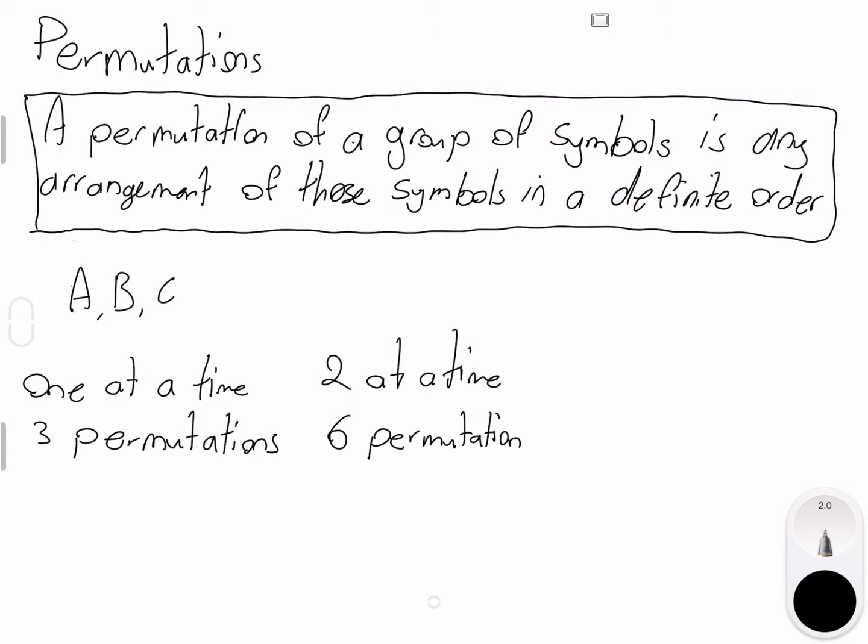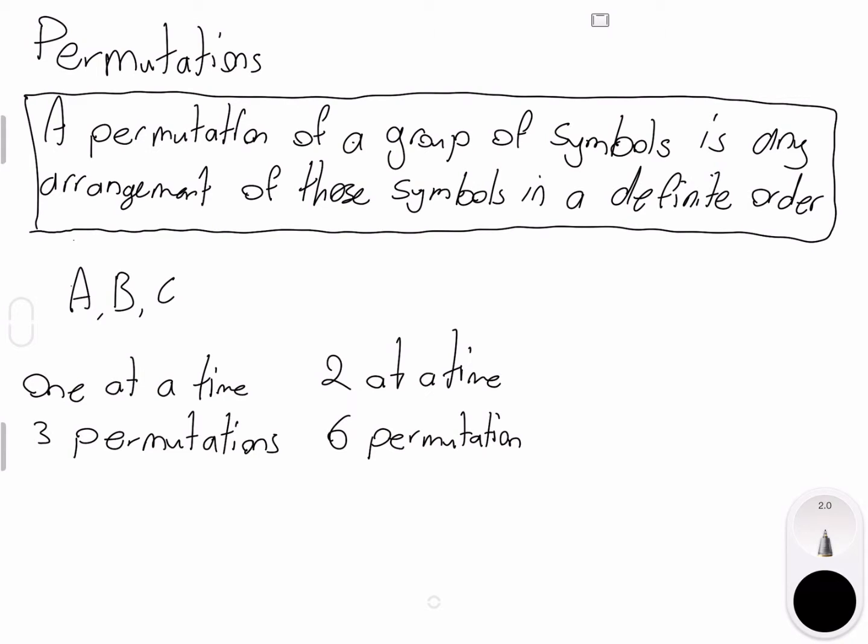What if we decide to go 3 at a time? Well, in this case, again, there would be 6, because we'd have ABC, BAC, CAB, etc. We can go through and count them up, but when things get more and more complex, it's going to be harder for us to work out exactly how many there are going to be.